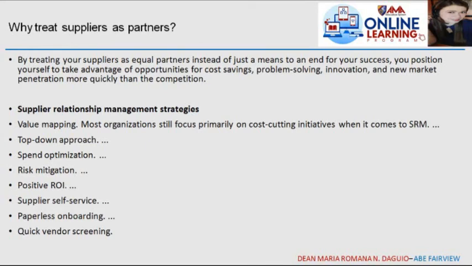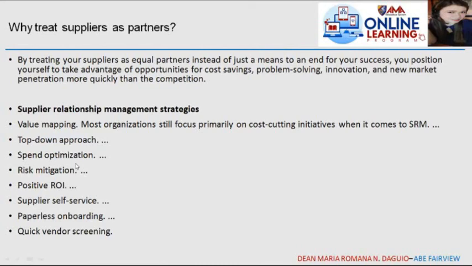Okay. Supplier Relationship Management Strategies, or SRM. So we have here some suggested strategies, but of course, class, those strategies are not limited to what is written in this slide. So let's have a few of those strategies. Value mapping. Most organizations still focus primarily on cost-cutting initiatives when it comes to SRM.